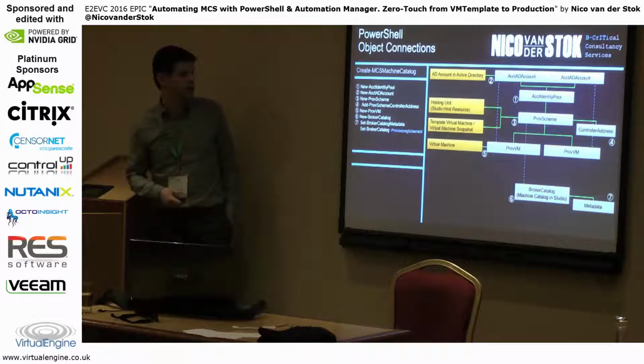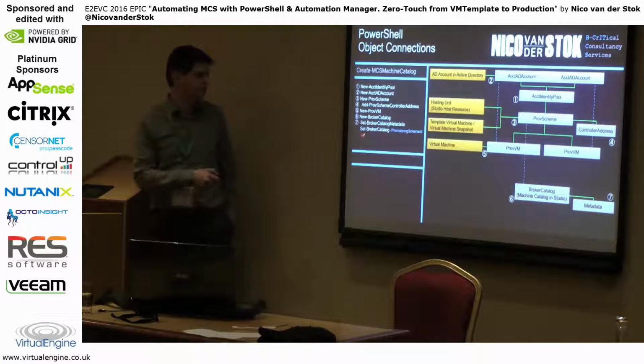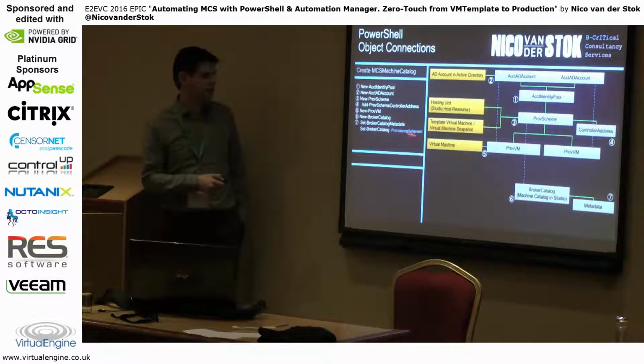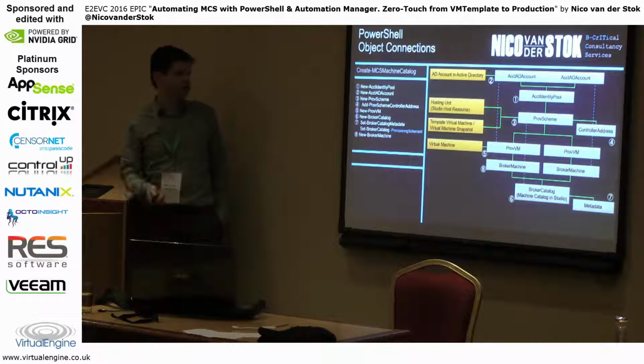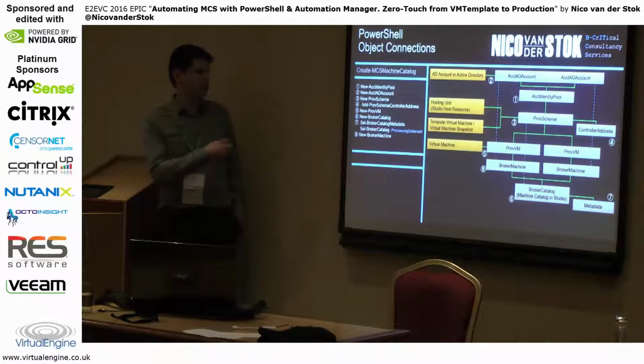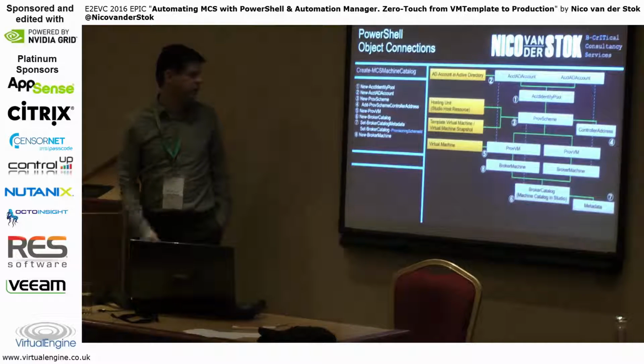This will allow you to add machines that are created based on this prov scheme to be added to the broker catalog. So you need to set the broker catalog with the scheme ID. Then finally you can add the machines into your Studio, which you will do by the New-BrokerMachine command.